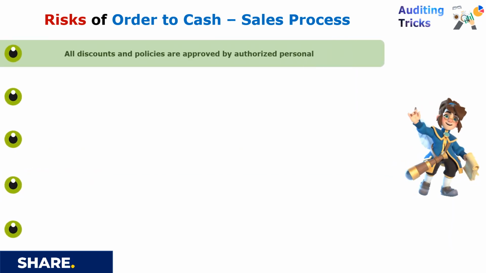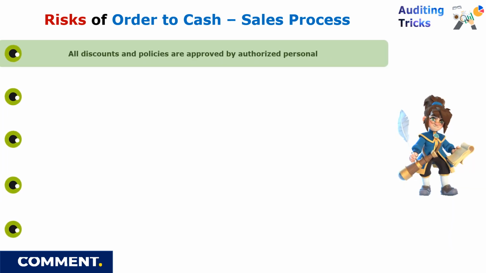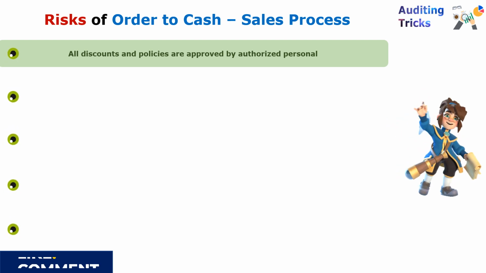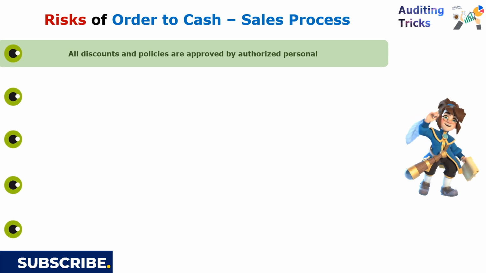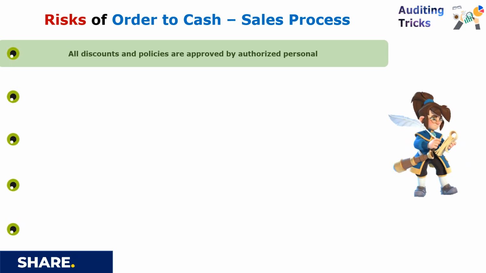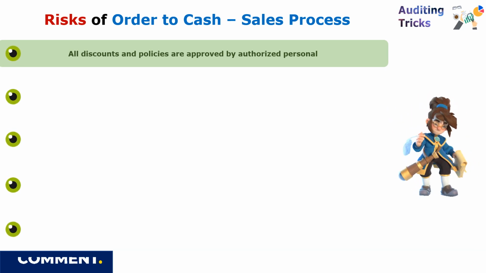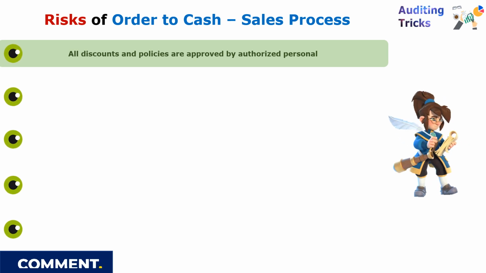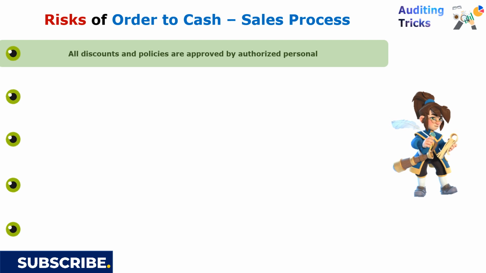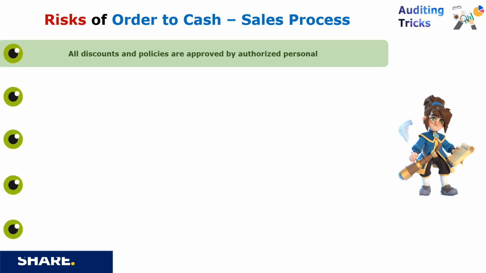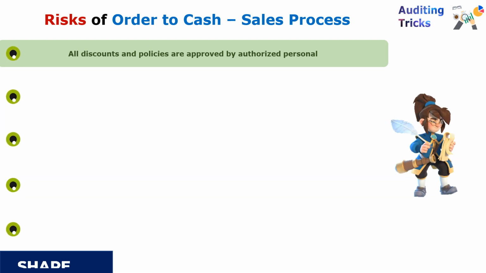The next risk is under the category of discount and incentives. Here the risk is that all discount and policies are approved by the authorized personnels. Here we need to ensure that the discount terms and percentages were approved by the management. It is not a fraud risk but can be rated as a medium risk.